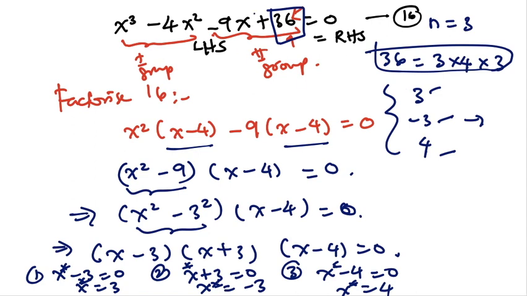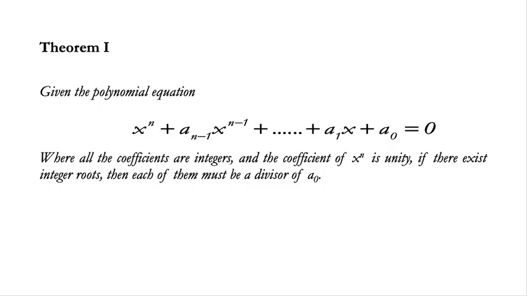Therefore, if we have this kind of situation for a polynomial and we can find the roots this way, it means we can generalize it into one kind of theorem. And what is that theorem? We call it theorem number 1.